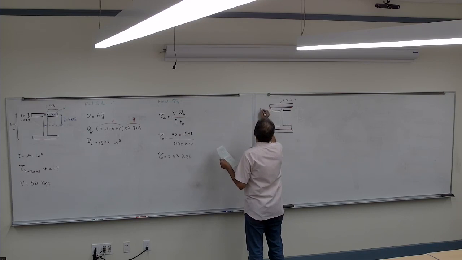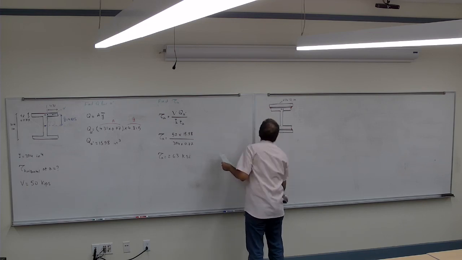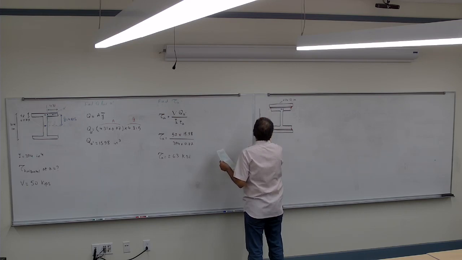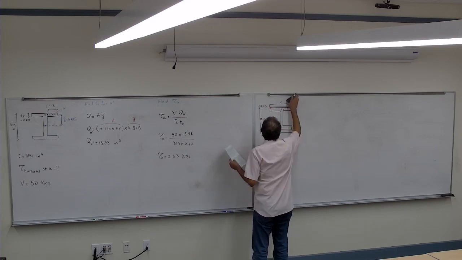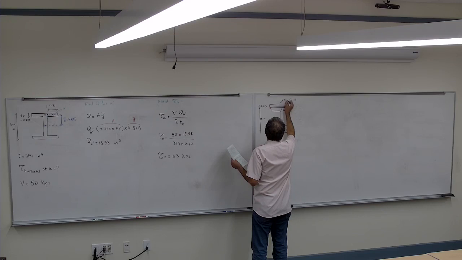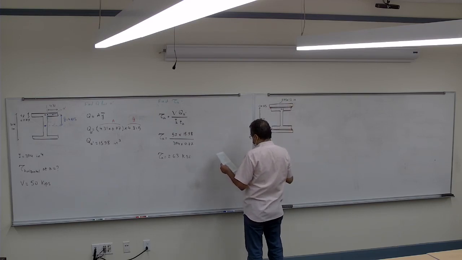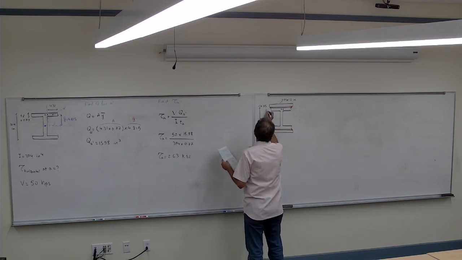So this middle part is 10.4. This is 0.75, not 0.7. And again, this is 0.77.